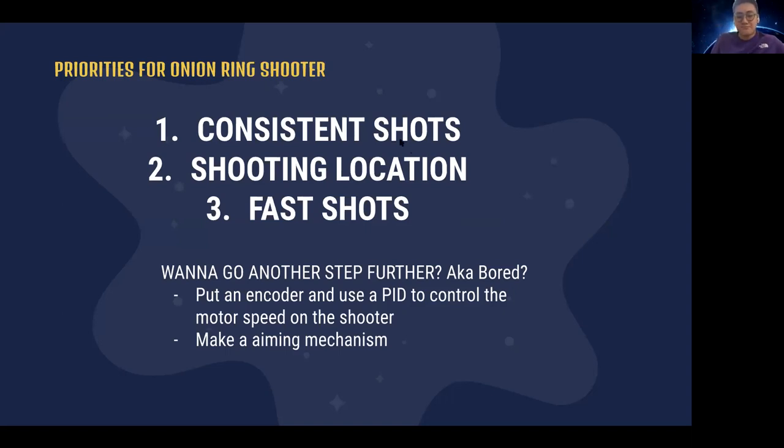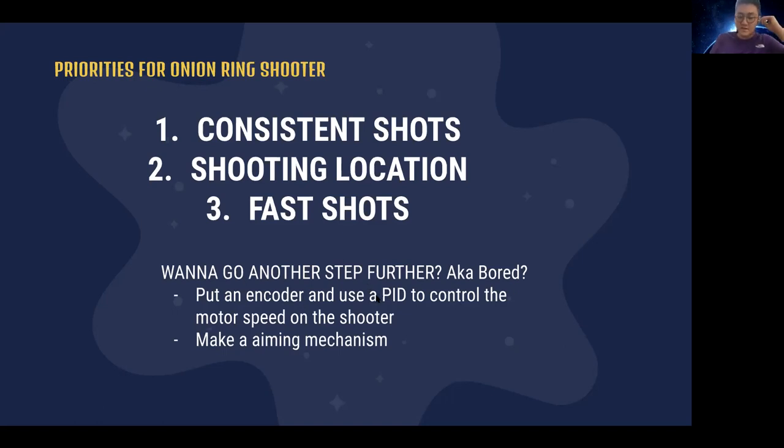In FRC, some teams would shoot by the color wheel, or some teams would shoot by a certain line on the field. This is something you want to consider for your shooter: where can I shoot that's always consistent, where I can always get the shot in? And if you're bored and you want to take another step forward, why not put an encoder on your motor?